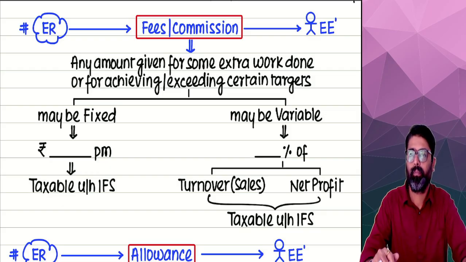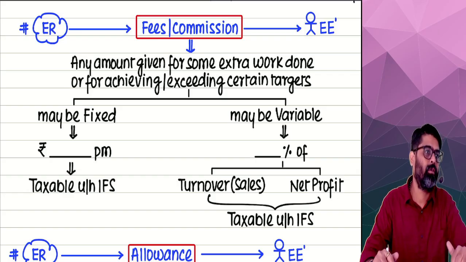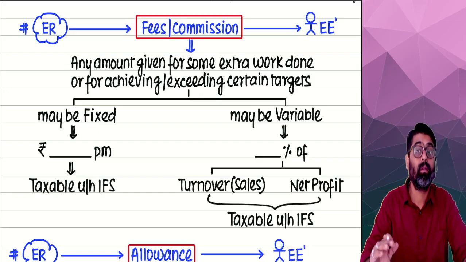Getting my point? And in the case of employees who are in managerial or higher positions, their commissions are linked with profits. So the better they work, the more efficiently and effectively they manage everything, the more profits the company will earn.